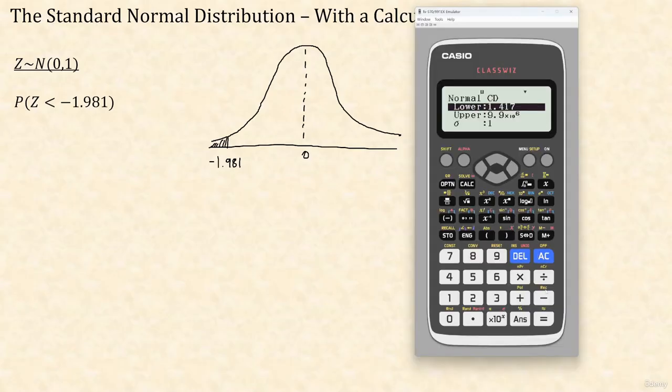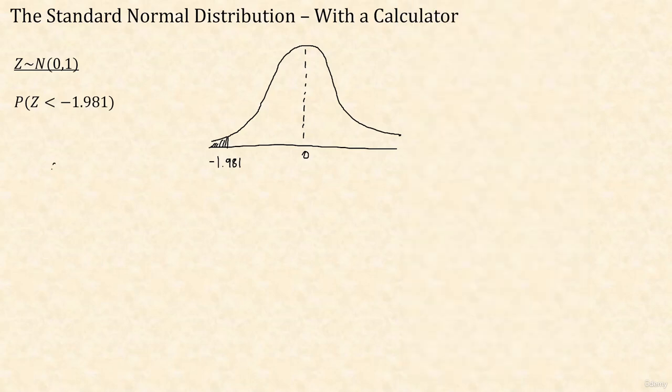So I can just say I want a lower bound that's minus infinity, an upper bound of minus 1.981, and there's our answer, 0.0238. So personally, I think that's much easier than messing around on the tables, but I've shown you both methods and it's very much up to you which one to choose.